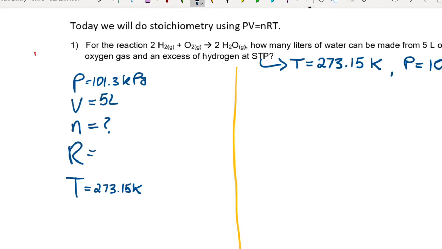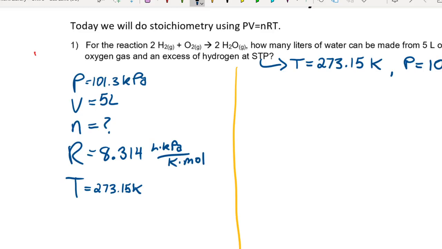Kilopascals, yep. What's the volume of this gas? We have 5 liters of oxygen. What is the ideal gas constant? Well, we don't know that till we know what our temperature is. What's our temperature? 273.15 Kelvin.